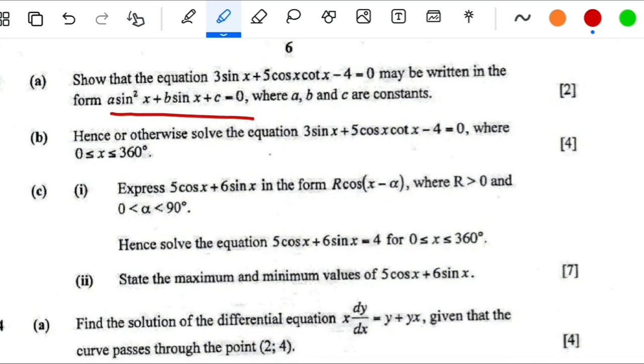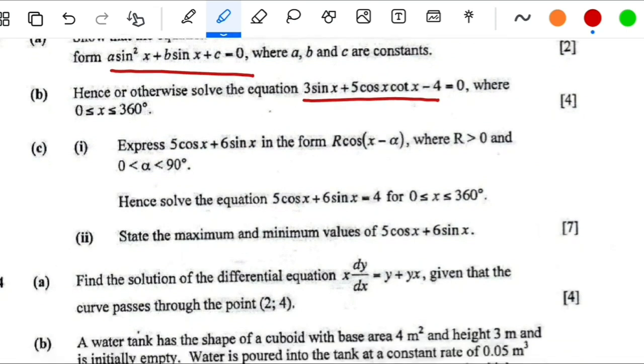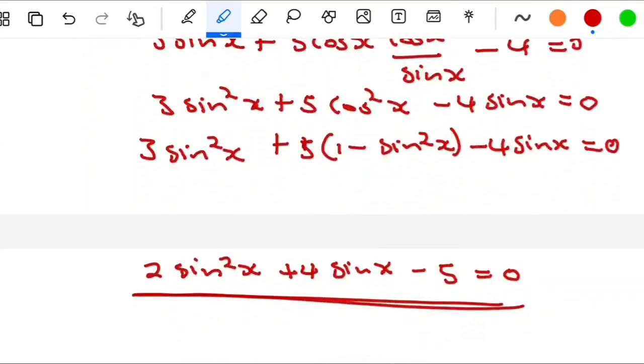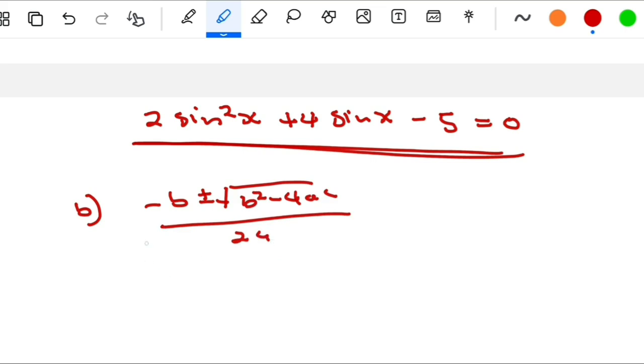Then part b says otherwise solve the equation 2 sine squared x plus 4 sine x minus 5 equals 0, where our theta lies between 0 and 360. Okay, so in other words, we are solving this equation. I'm going to use the quadratic formula, negative b plus or minus root of b squared minus 4ac over 2a.